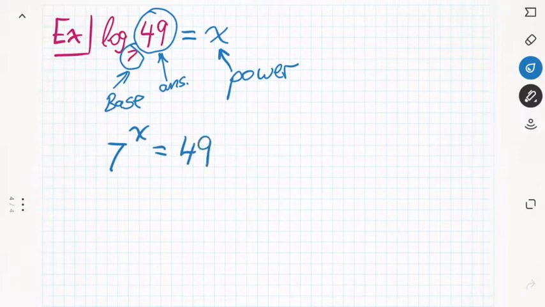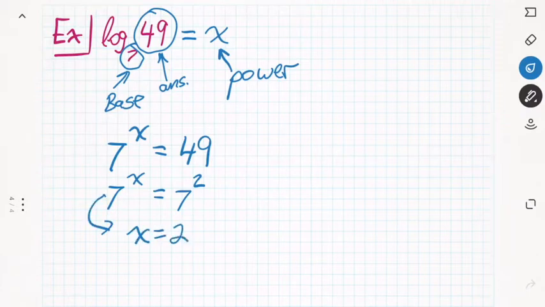And this goes back to the exponential section of how do you solve one of these equations. Well, you write both sides in terms of a single base, and 7 seems to be the easiest. So I'm going to write this side as 7 to the x, and 49 is 7 squared. And because the bases are exactly the same, we can just say, or deduce, that x must equal 2.